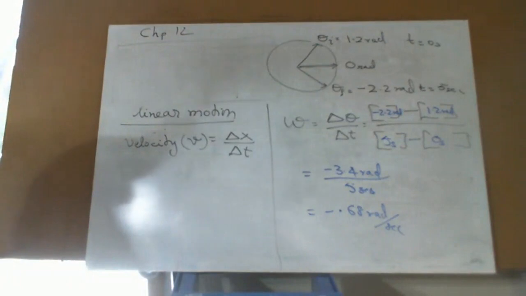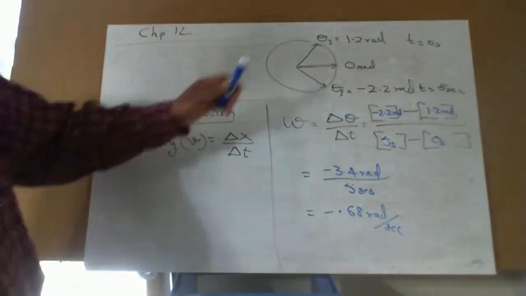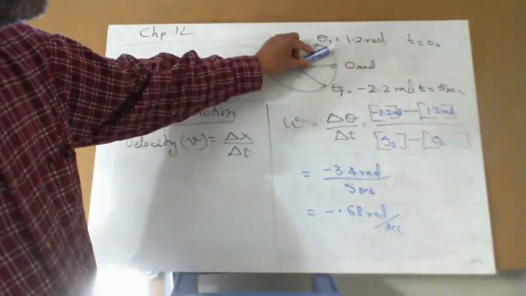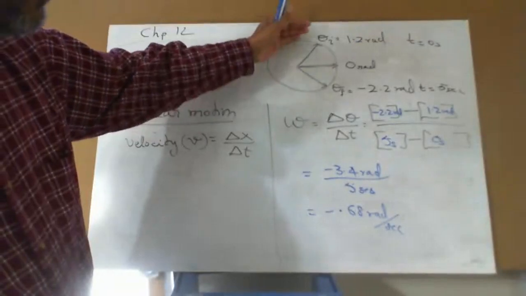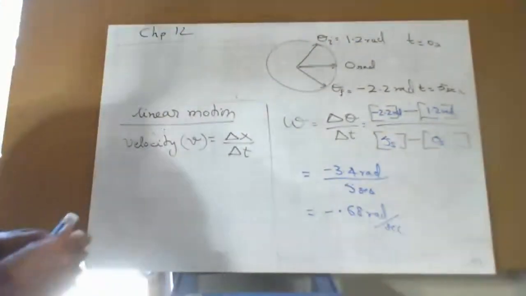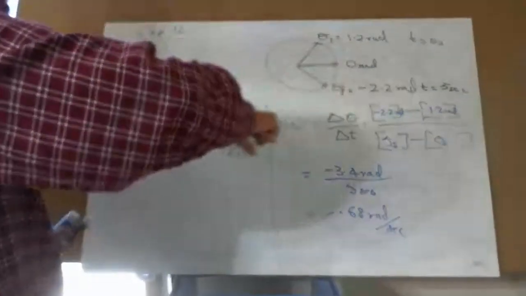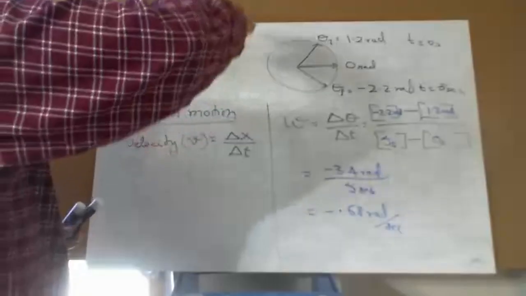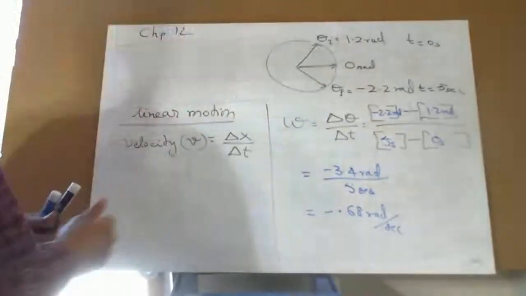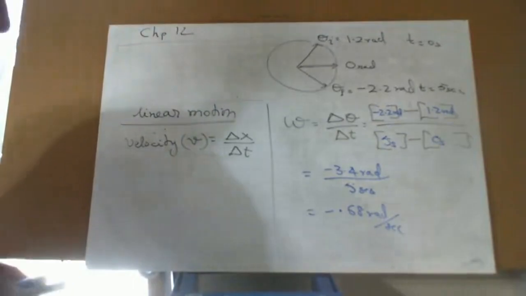Okay, so what has happened? It has gone from there to there. It has gone minus. We are going to take anything moving clockwise as minus. So just remember that.